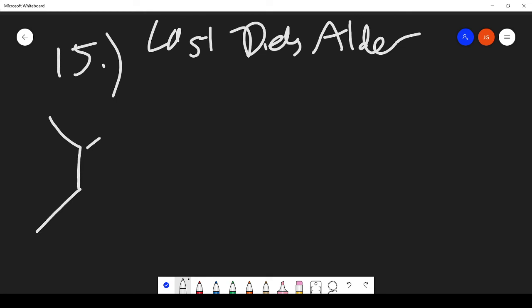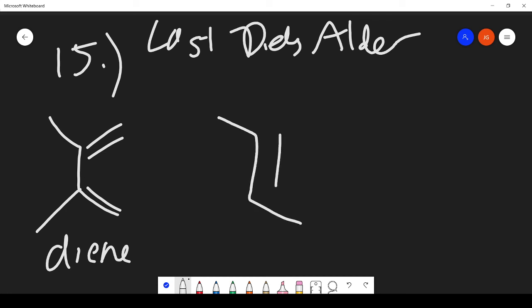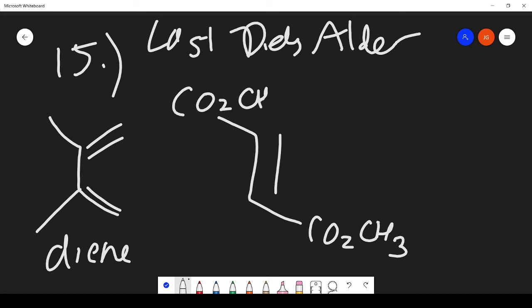So in this case, this is our diene. This is our dienophile. Now let's not mind what the CO2CH3 is, because it's on both sides, right?